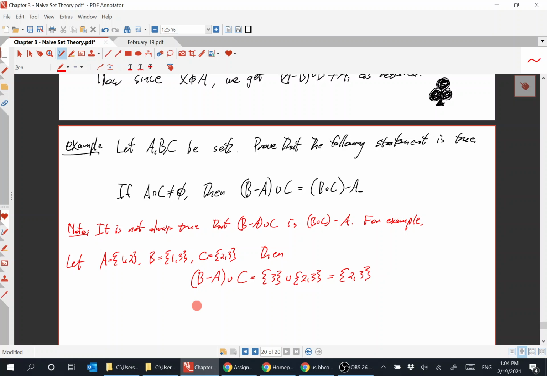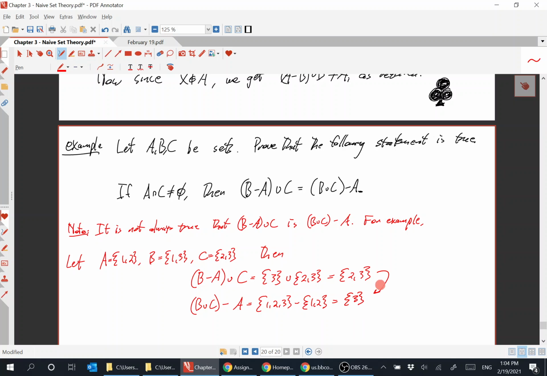All right. And then B union C minus A. Well, what's B union C? There's B, there's C. {1, 2, 3} minus A, which is {1, 2}, which is just equal to {3}, right?